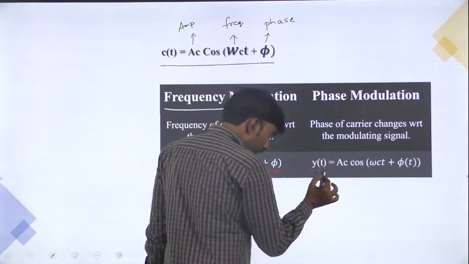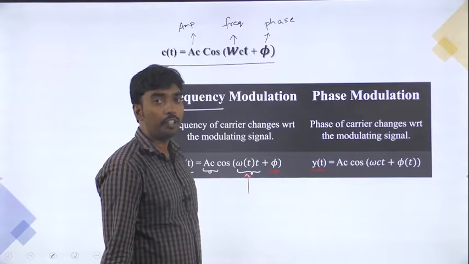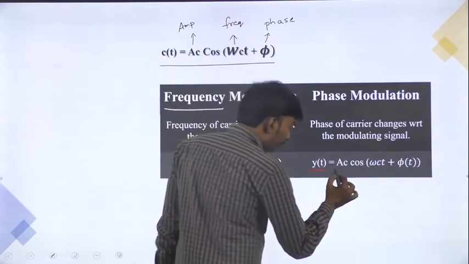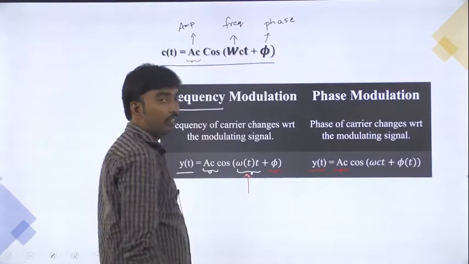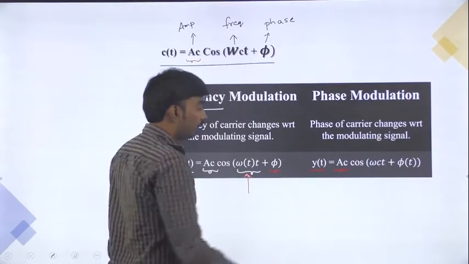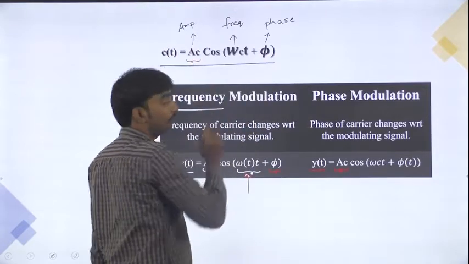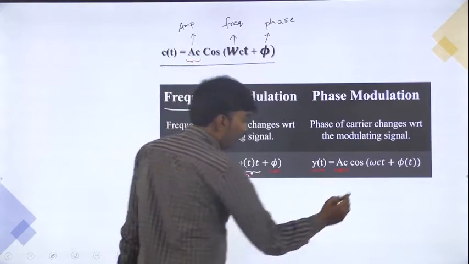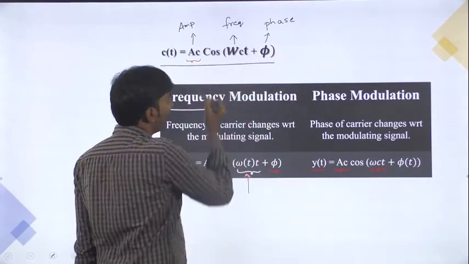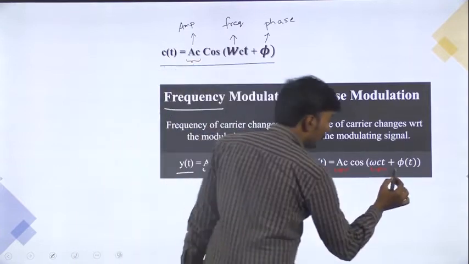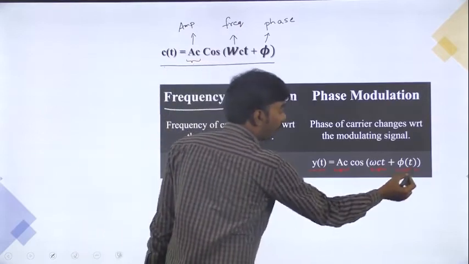And now the generalized expression of phase modulated signal is, now the carrier is same as, amplitude of the modulated signal is same as the carrier, and frequency of the modulated signal is also same as carrier, and the only change here is the phase of the signal, phase phi(t), right?